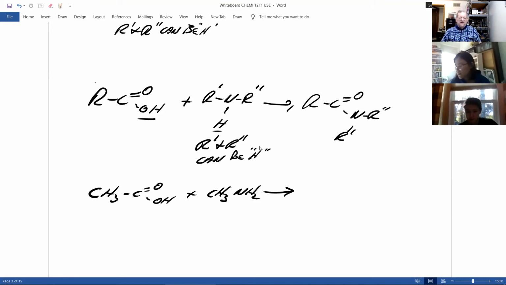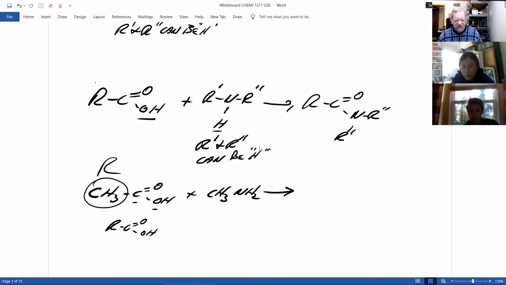And the question would be, what's the organic product or products of the following? And if we look at this, what's different? Carbonyl hydroxyl group, carboxylic acid. Here's my R group. What do we have? Ooh, a nitrogen.